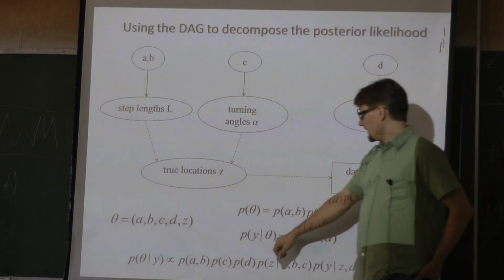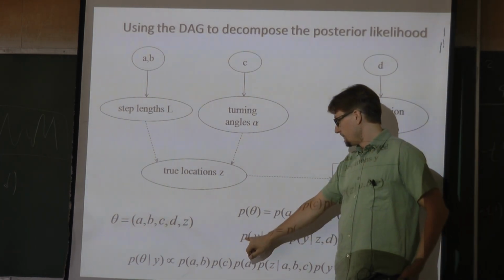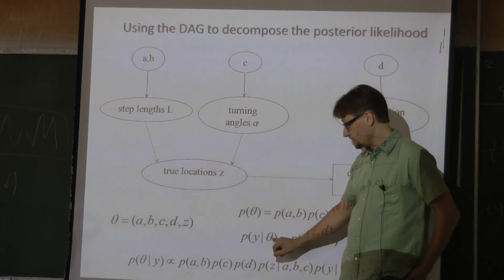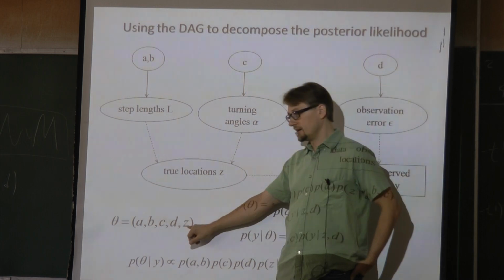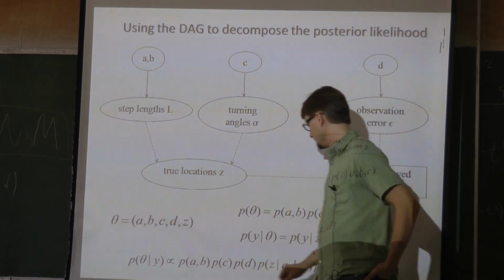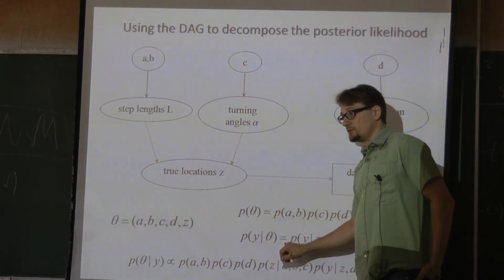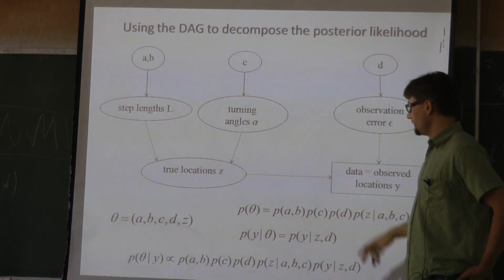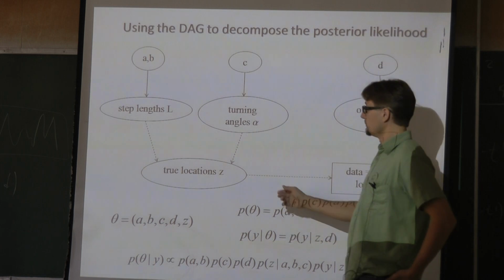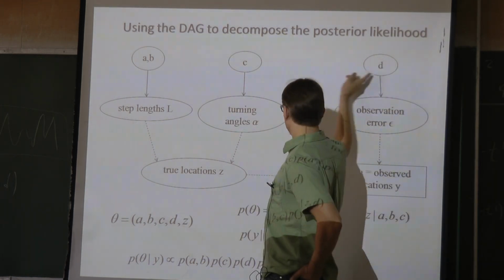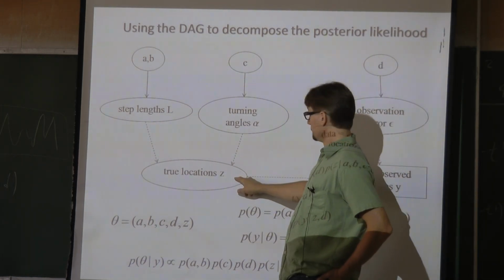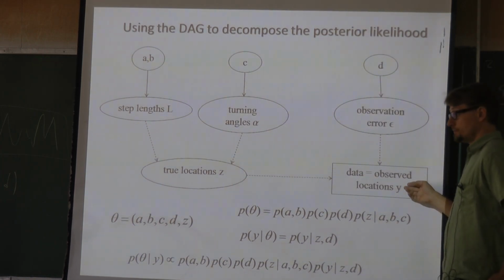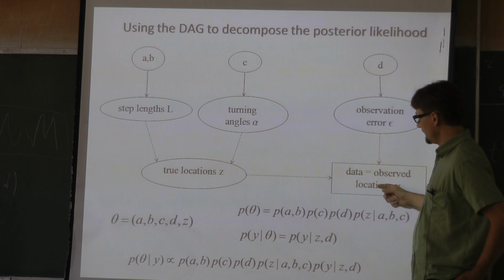Then we write down the likelihood of the data. So this is the probability of observing Y given theta, where theta again has all these A, B, C, D and the true locations. This we can also simplify. Because if we know theta, so we know A, B, C, D and Z, what does the data depend on? You see where the data is coming from.